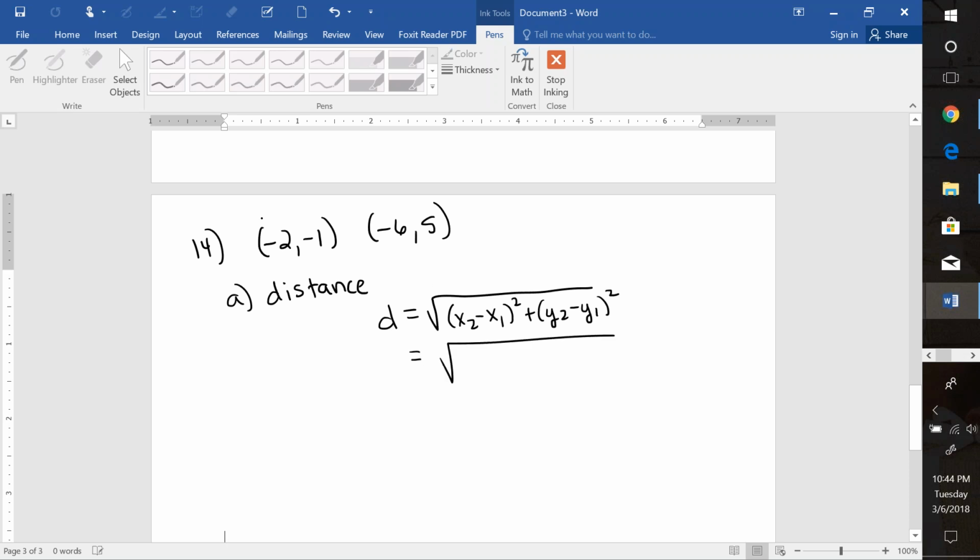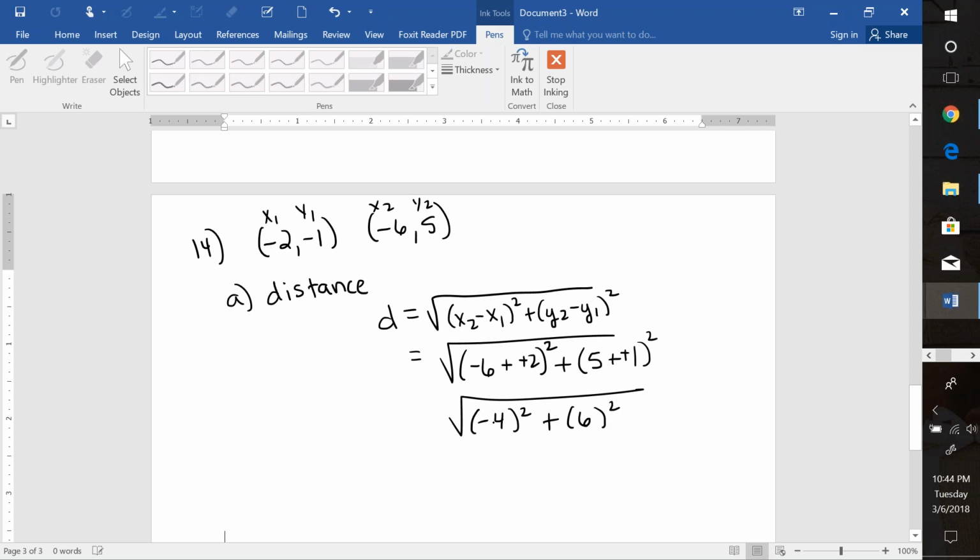So, and remember if you want to label them, x1, y1, x2, y2. So this would be (-6 minus -2) squared plus (5 minus -1) squared. The minus negatives will change to plus. So this is actually (-4) squared plus 6 squared. You need to square them, and negatives will, when you square them, turn positive.